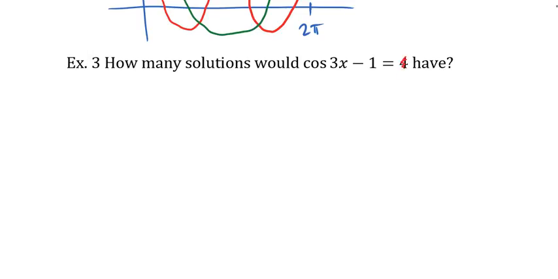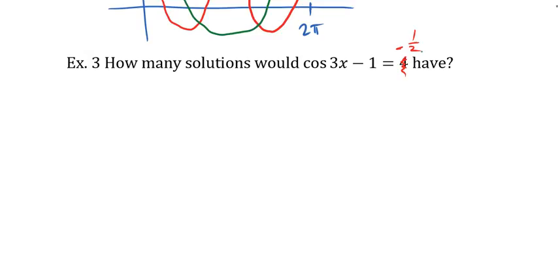How about equals negative 1/2? How many solutions would cos 3x minus 1 equals negative 1/2 have? We're not even going to solve it, just how many solutions would it have? 6.